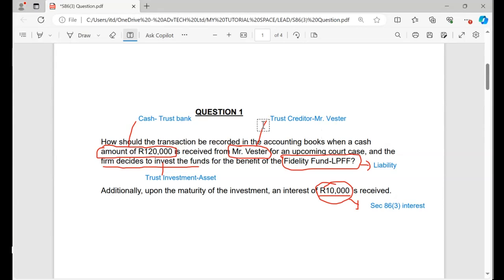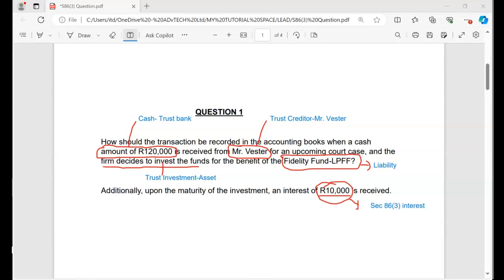Okay. And then remember, we took the 120 and we invested. So we need to go and invest that 120. If we invest that 120, it means we must take it out of what? Of the bank, because the money is standing in the bank. Okay, so we need to make sure that we invest that amount of money.